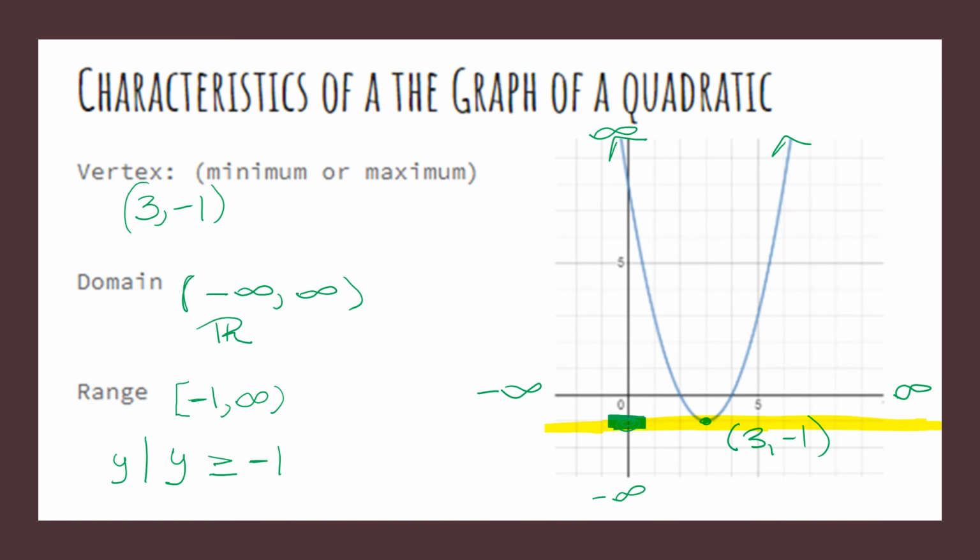And we use this, and it means all y's such that y is greater than or equal to -1. This brace going this way is the same as saying y is greater than or equal to -1. The parenthesis says that that's not included. So a parenthesis, if it was going this way, would be just greater than.